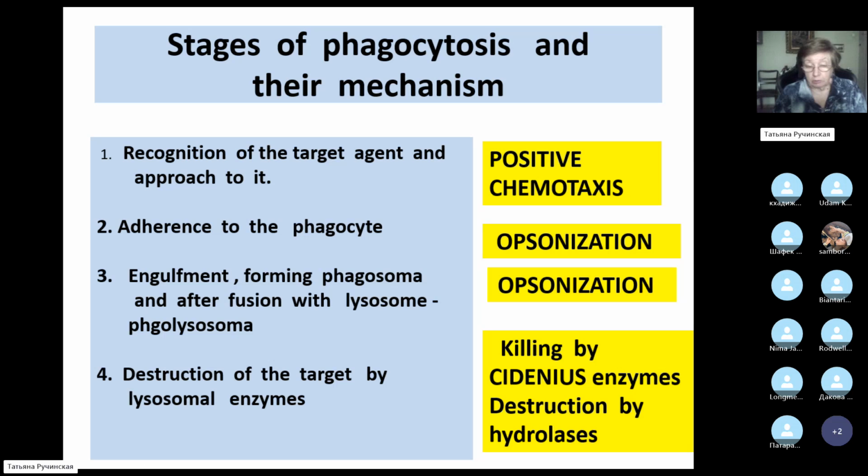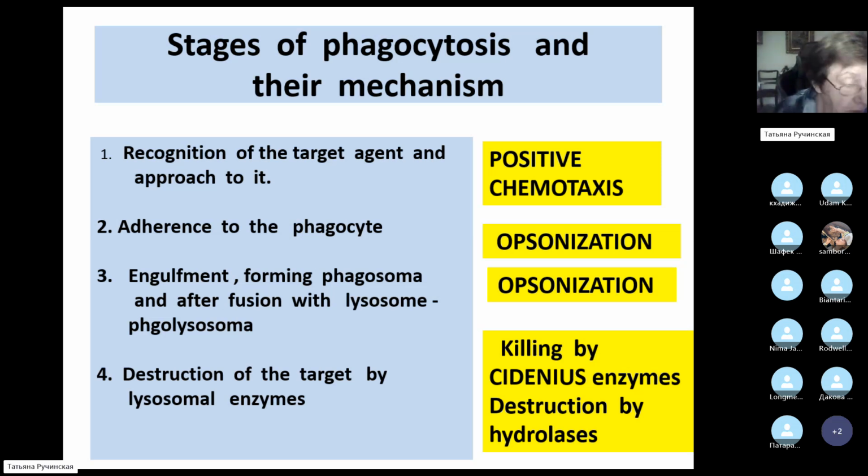So at first, there will be the stages of emigration of leukocytes, then diapedesis of leukocytes, and then when leukocytes come to chemotactic factors, there appears phagocytosis. So these are the stages of phagocytosis.